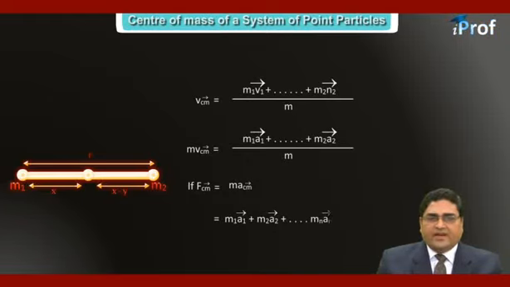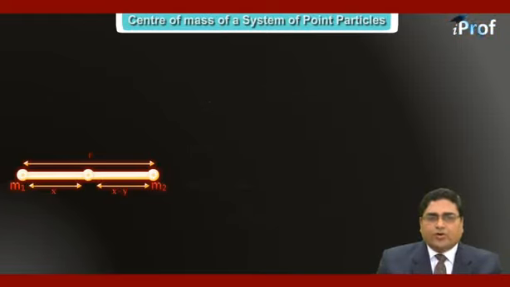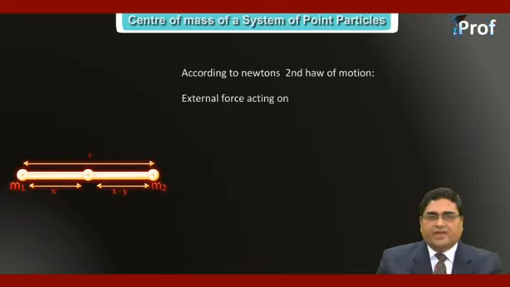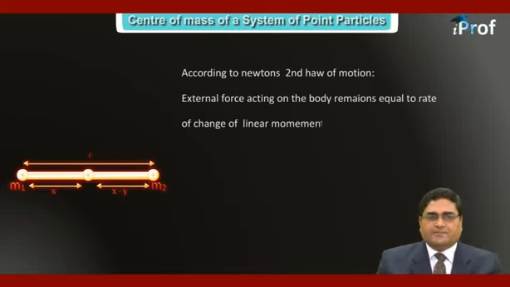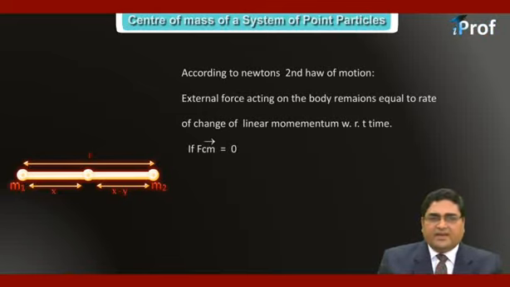According to Newton's second law of motion, the external force acting on a body equals the rate of change of linear momentum with respect to time. So F_CM can be written as d by dt of P_CM. If F_CM is 0, what does it indicate? If F_CM is 0, it means A_CM is 0, which means V_CM is constant.